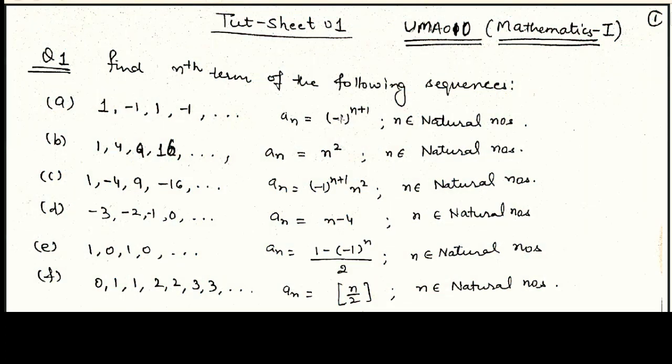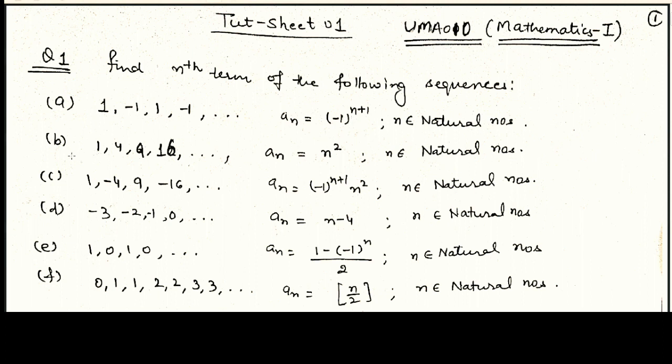You will have minus 1 to the power 2 plus 1, which is 3. So minus 1 to the power 3 gives you minus 1. So in this way we can generate the whole sequence if the nth term is given to us, or if the sequence is given to us, by identifying we can generate the nth term of the sequence.